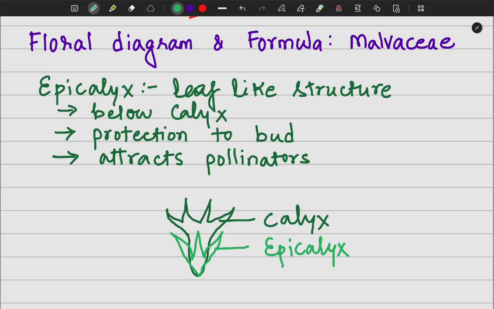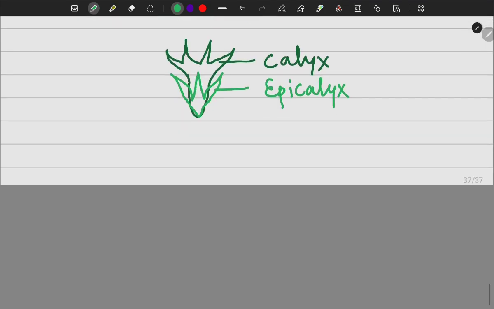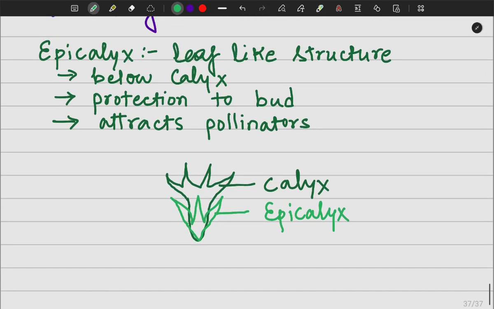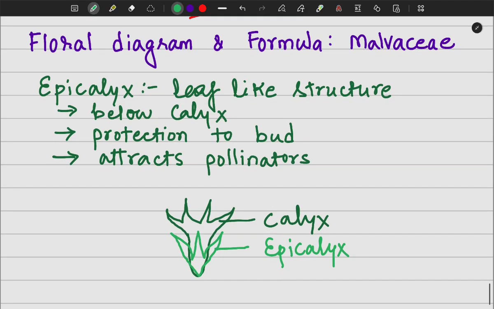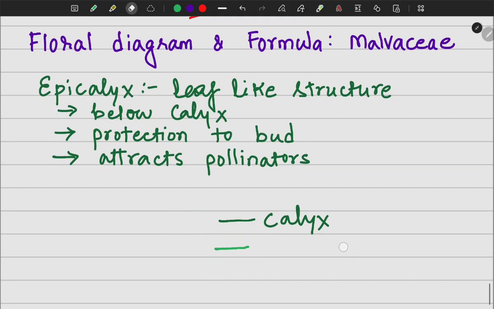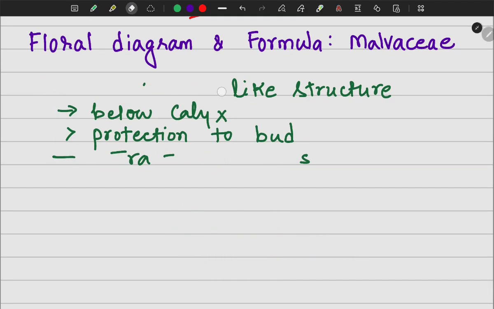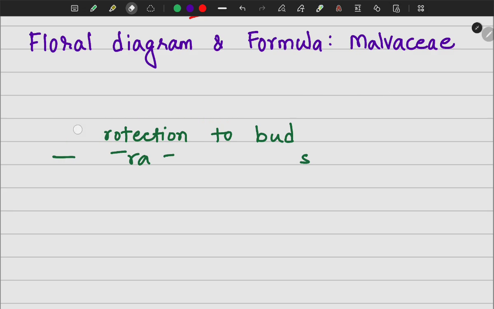Alright, so because of the presence of epicalyx, we will draw the epicalyx first in the floral diagram. Let me draw it here only. I hope epicalyx is clear to you. So the epicalyx are usually 3 to 7 in number.